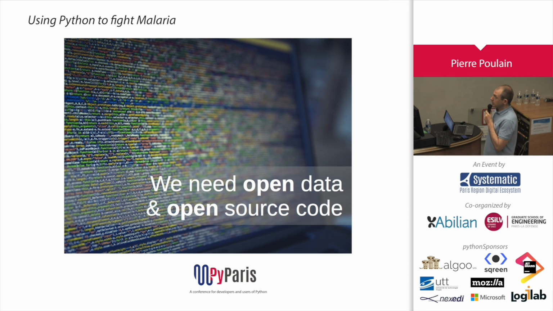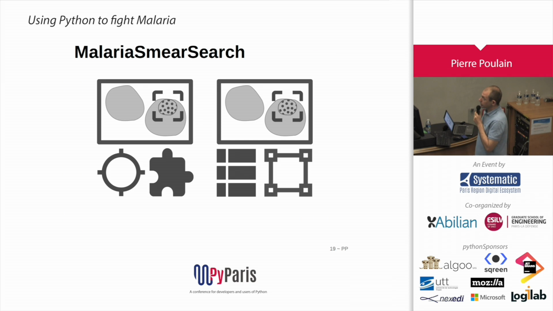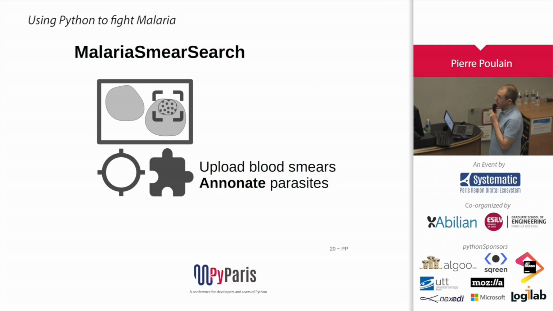Our solution, which is just one solution among many others, of course, is a web-based database called MalariaSmear Search. It has 2 different modules. The first one is the ability to upload blood smears and annotate parasites.